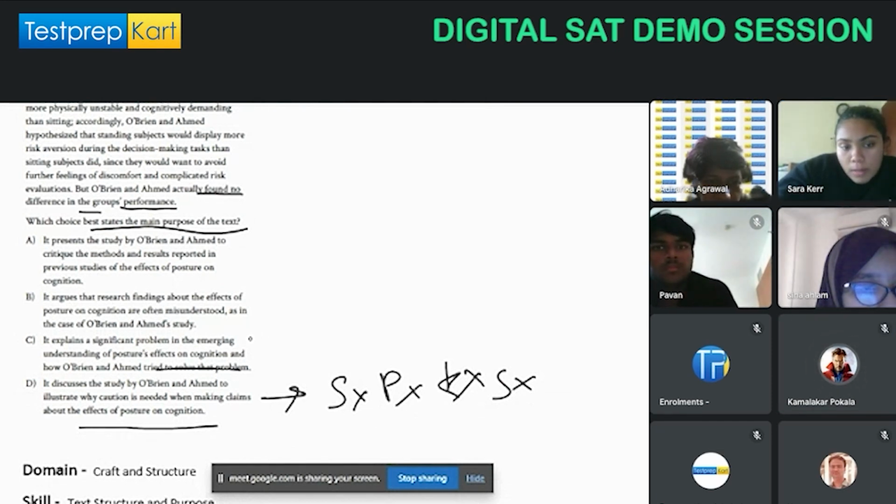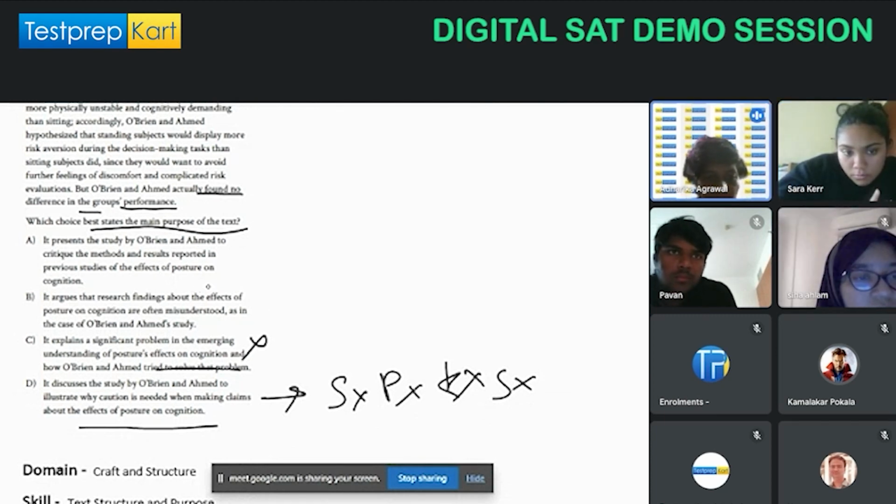Is there anyone who wants to go with C? Okay. B: it argues that research findings about the effects of posture on cognition are often misunderstood, as in the case of Ahmad's study. Who wants to go with this?